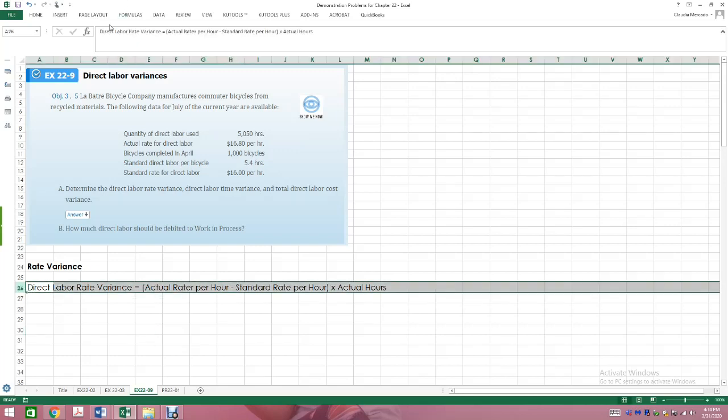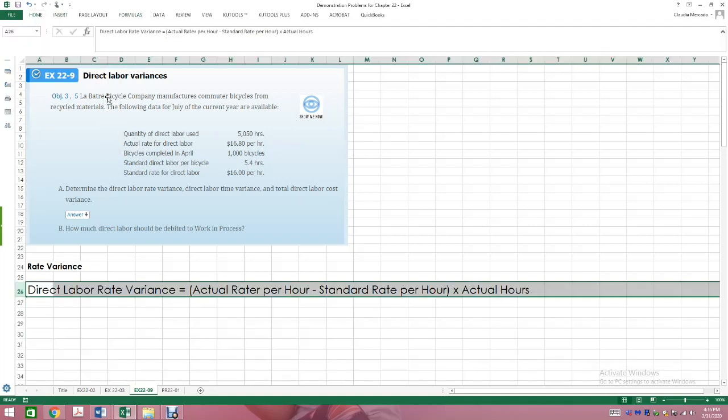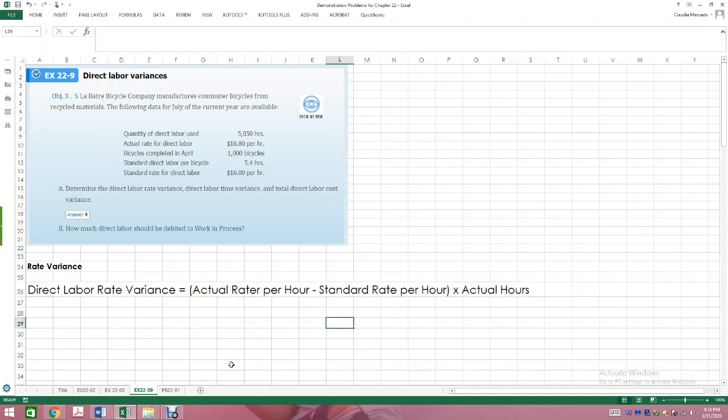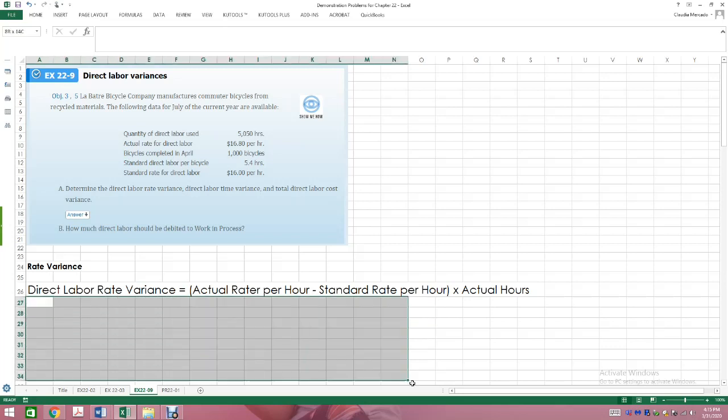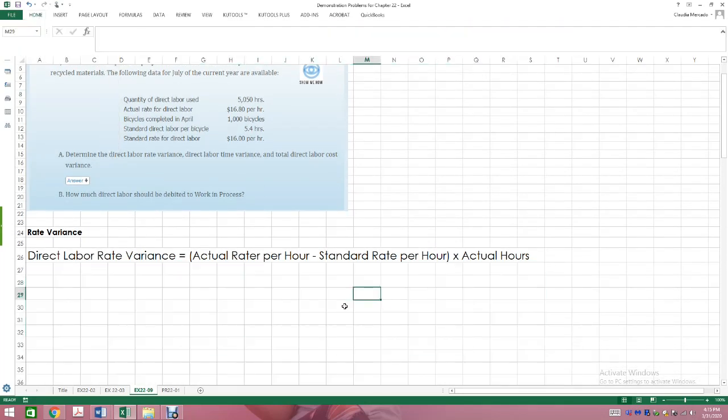That is the formula. So my direct labor rate variance is the actual rate per hour minus the standard rate per hour times the actual hours. So now all we basically need to do is plug in those numbers.